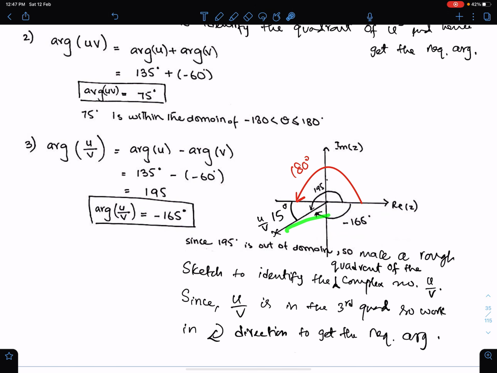I've mentioned this thing here. Since 195 is out of the domain, make a rough sketch to identify the position of this complex number. This complex number is in the third quadrant. Since u upon v is in the third quadrant, work in the clockwise direction to get the required argument, which is minus 165.